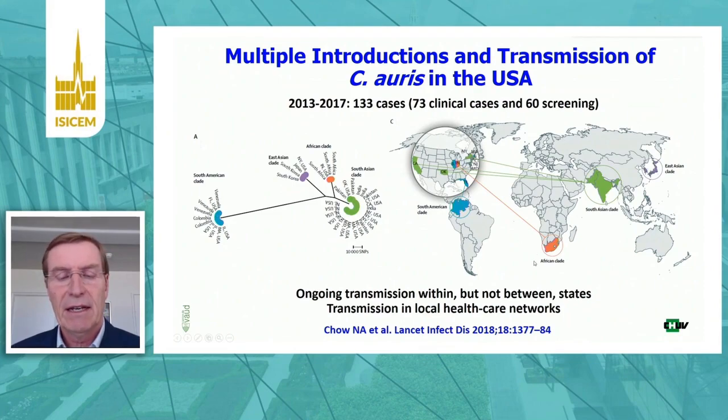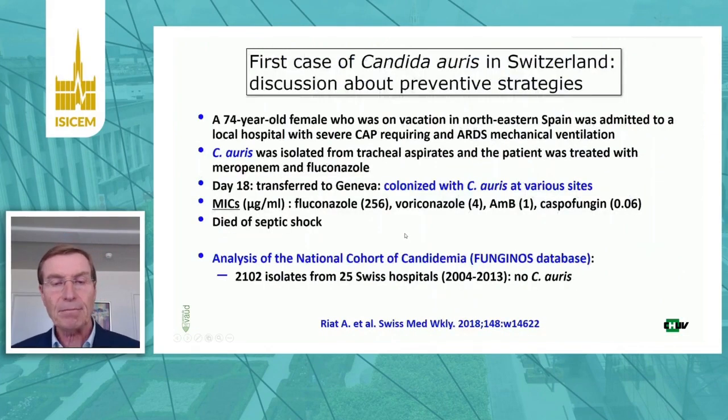As you can see, there were multiple introductions from various areas in the world, the African clade, the South Asian clade, and also the South American clade. And at that time, there was ongoing transmission within states, but not between states. So there is transmission locally in healthcare networks.